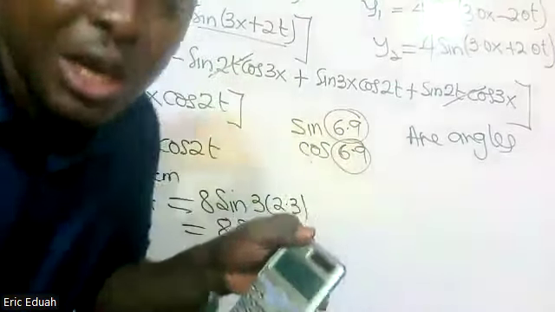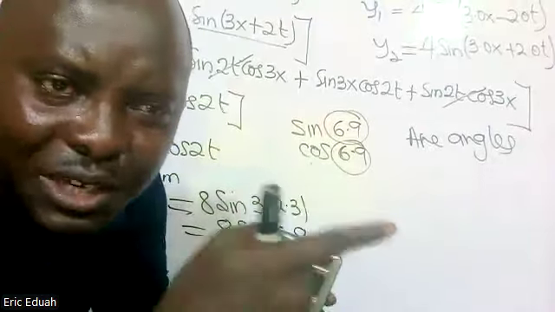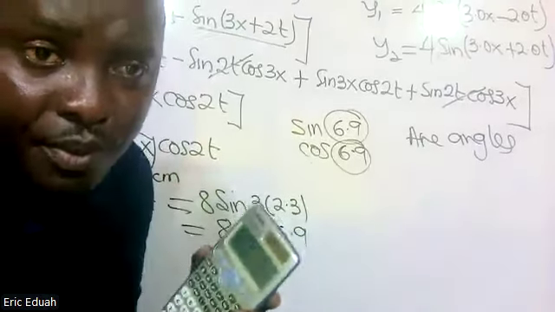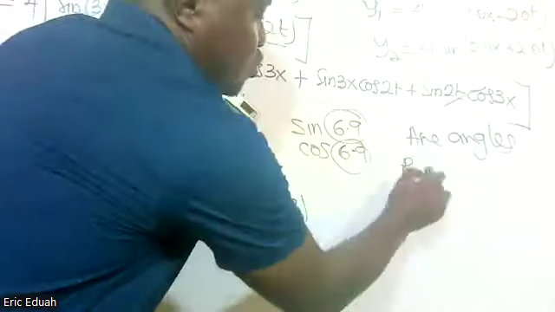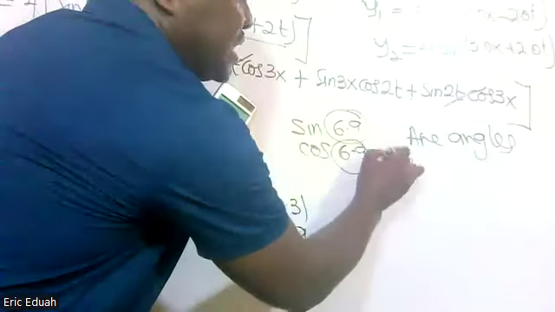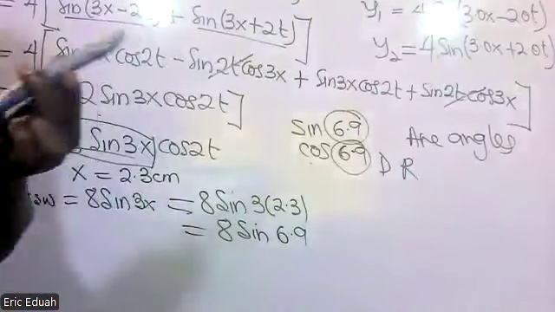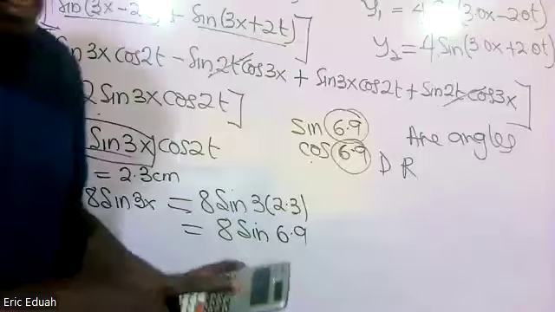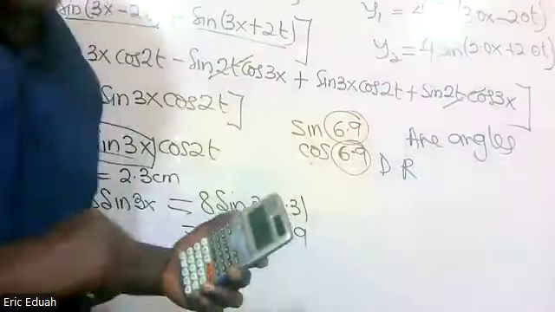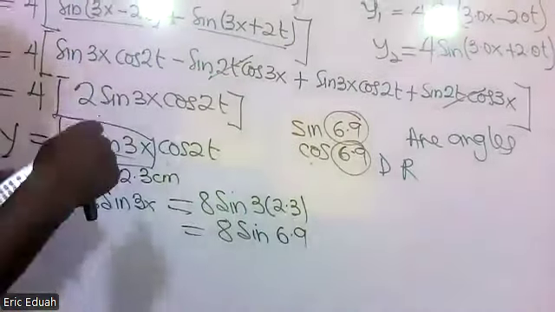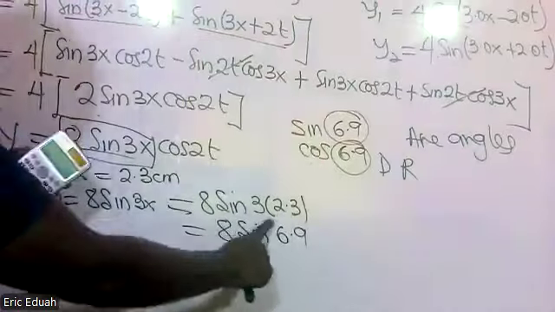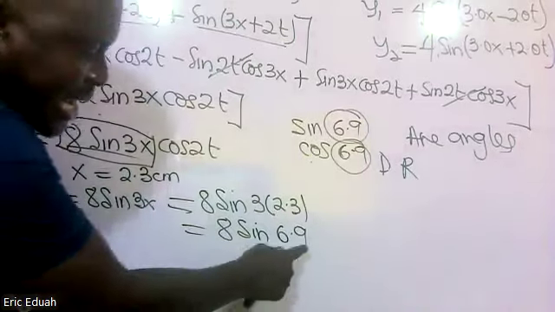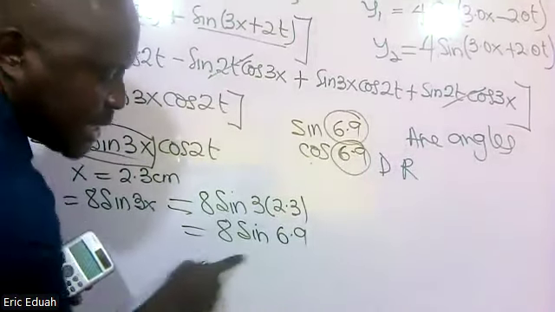It will change your calculator angular measurement from degree to radian. So when you do that, you realize that you have capital R written on top. So it was shifted from degree D to R. Those of you with the Texas Instrument and other calculators, you also see RAD. If it changes to R or RAD, then it means that your calculator's angular measurement is in radian. And that is what you use to punch something like this.